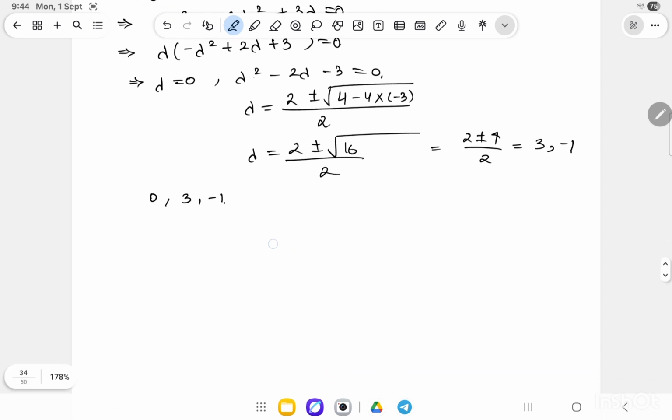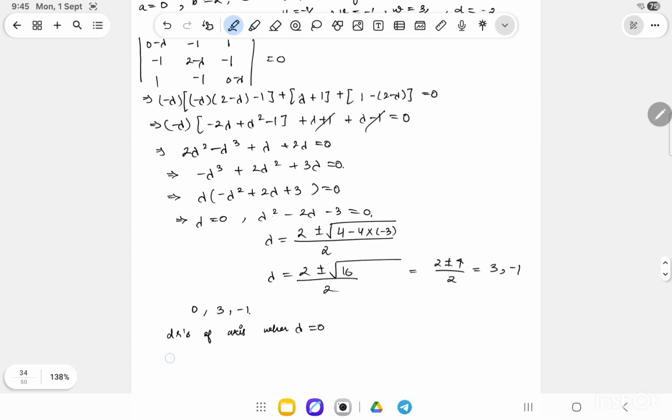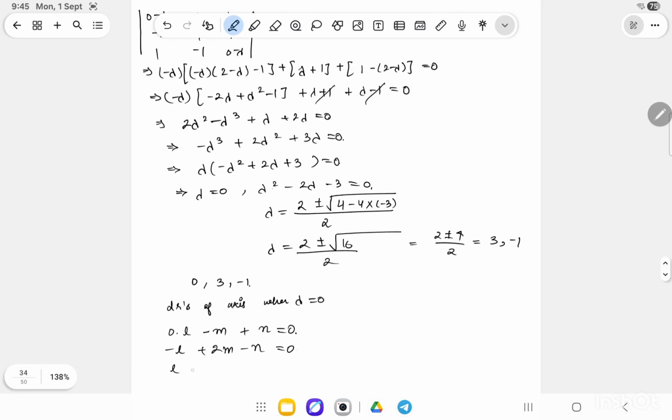Now let's just find out the direction ratios of the axis when lambda is 0. So when lambda is 0, the direction ratios will be basically 0 into L minus m plus n is equal to 0, minus L plus 2m minus n equals to 0, and L minus m plus 0 n equals to 0.